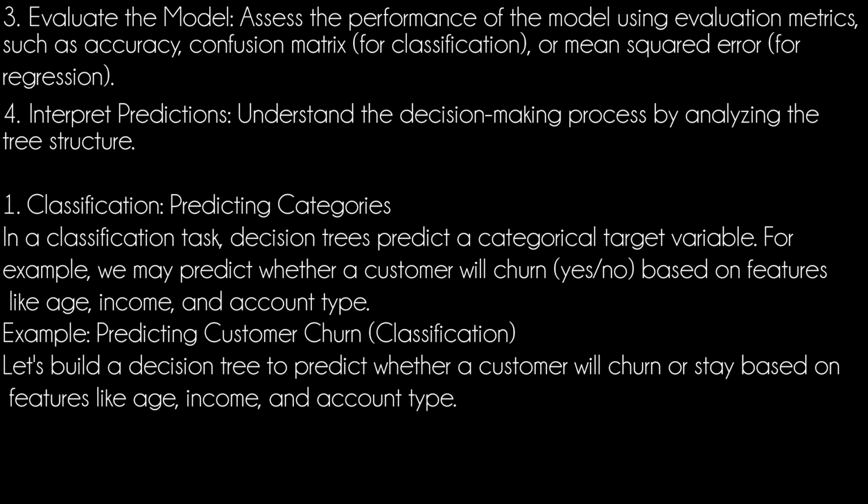Classification: predicting categories. In a classification task, decision trees predict a categorical target variable. For example, we may predict whether a customer will churn based on features like age, income, and account type.